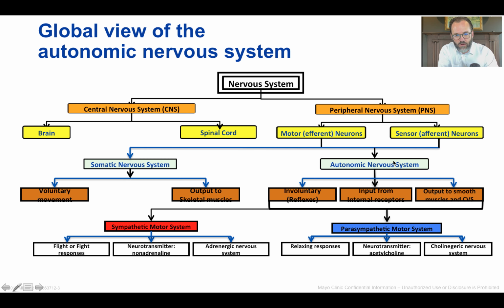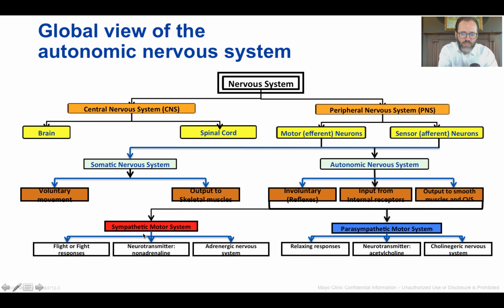And within the autonomic nervous system, that's broken up into two subcomponents, one, of course, being the sympathetic nervous motor system, and the other being the parasympathetic motor system. When we broadly think about the two functions of these systems, with the sympathetic nervous system, we think of that as being fight or flight, so get the heck out of Dodge and redistribute blood flow to where it's absolutely essential.